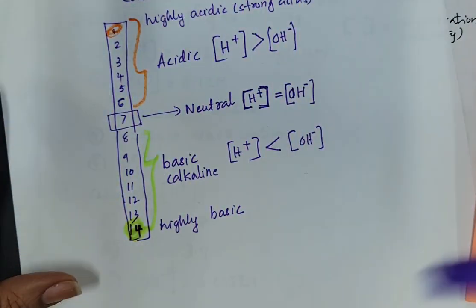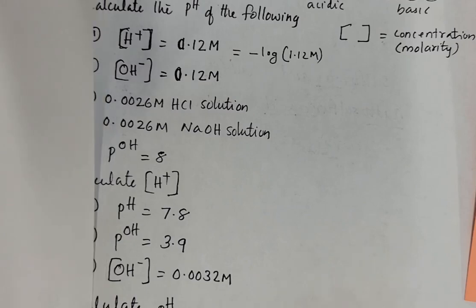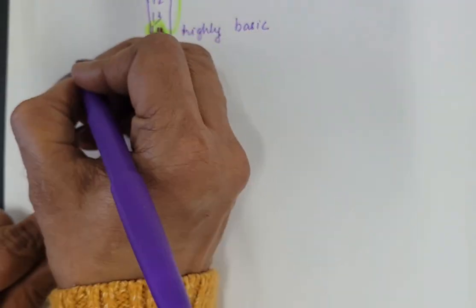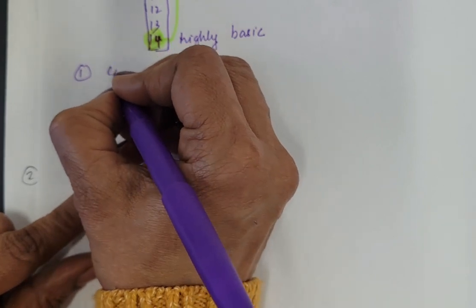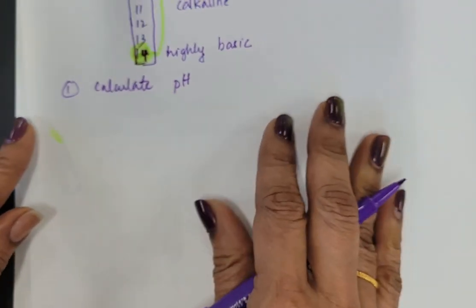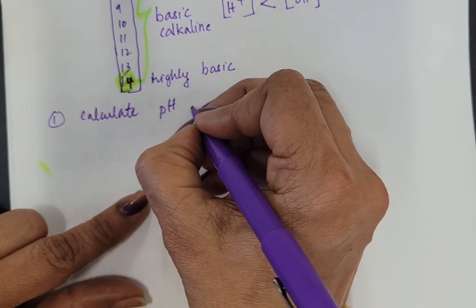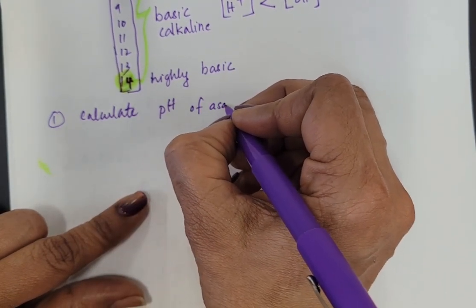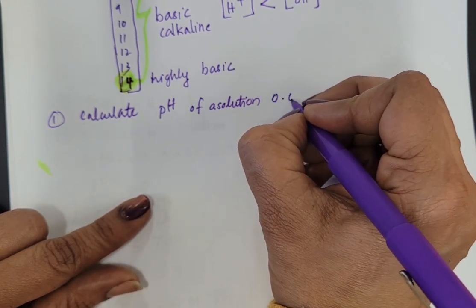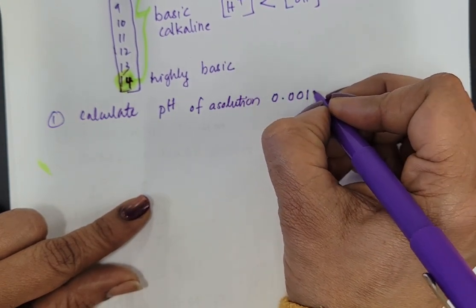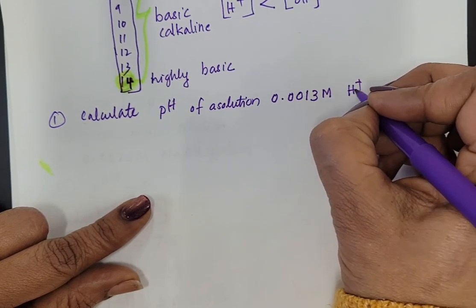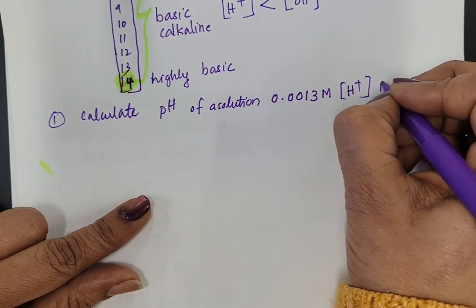Okay, let's see a question. Calculate the pH of a solution that contains 0.0013 molar H plus ions.